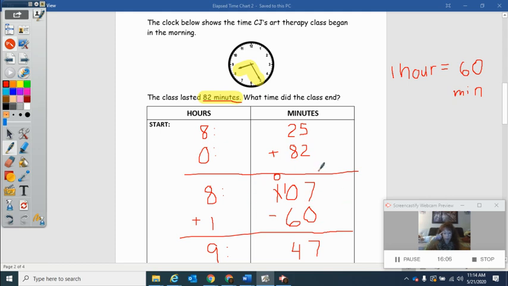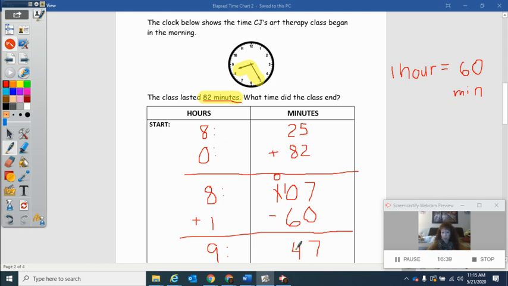And my brain goes, wait a minute, that's more than an hour. So I need to regroup and change that into hours and minutes. I take away 60 minutes here, and I'm left with 47 minutes, but I take that 60 minutes and add the hour in on my hour side. So now the time is 9:47.